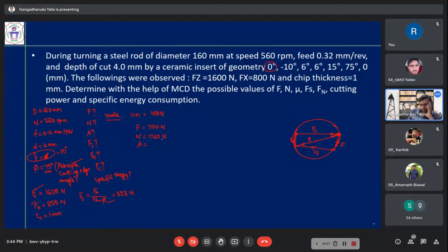And you can find the mu value, the division of these two, F by N is 0.43.